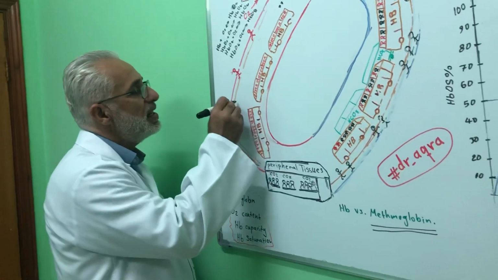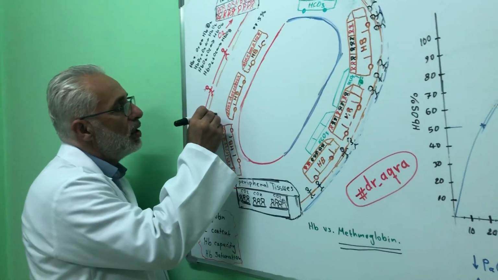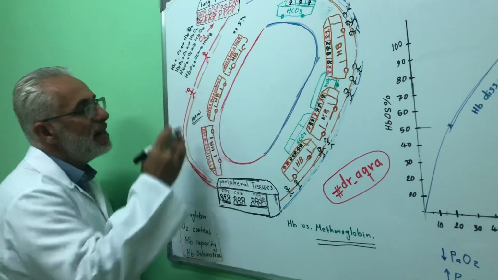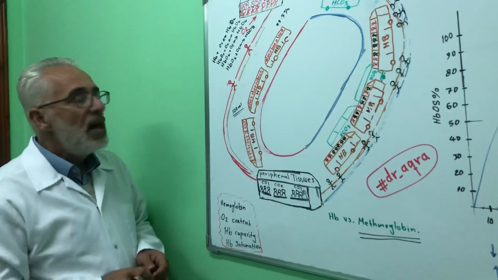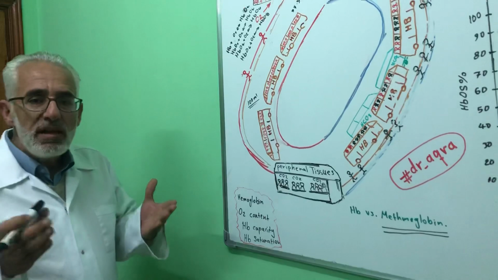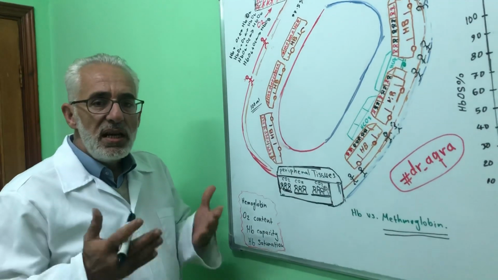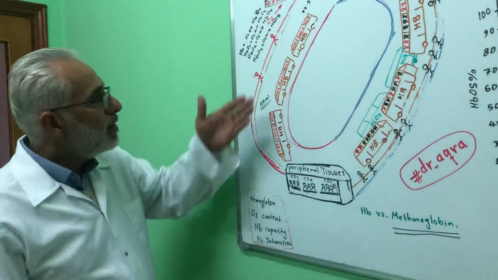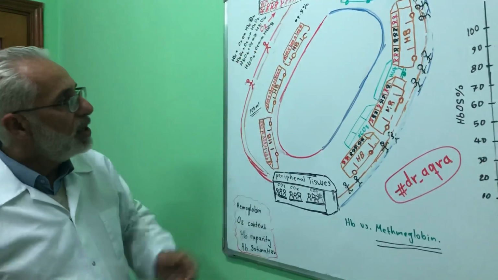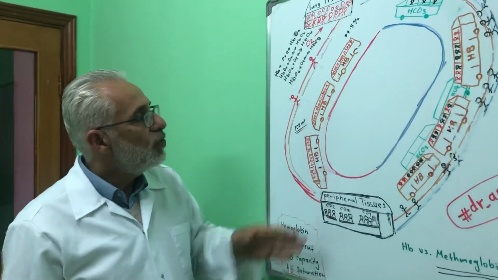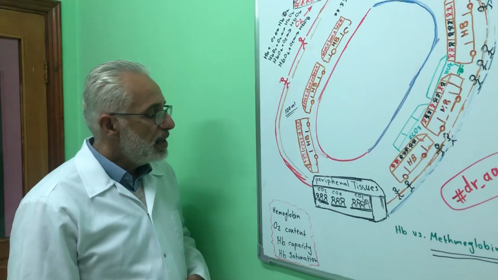In each 100 milliliters of arterial blood, there is only 0.3 milliliter of oxygen in the dissolved form. For that, the vast majority of oxygen is transported bound to hemoglobin as oxyhemoglobin.